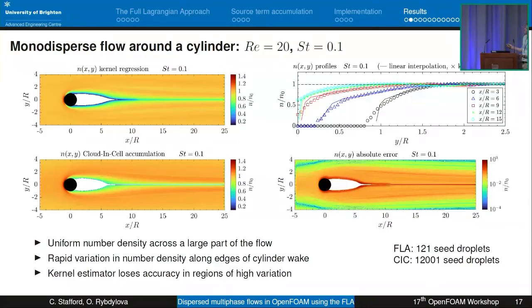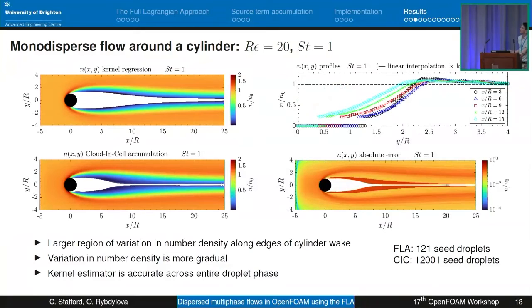The disadvantage of the kernel regression is that it cannot capture high gradients as effectively, because the kernel smoothing length essentially means that steep gradients are that much harder. In this case, we can see that there's rapid variation in number density along the edges of the wake, and the kernel estimator loses accuracy in these regions.